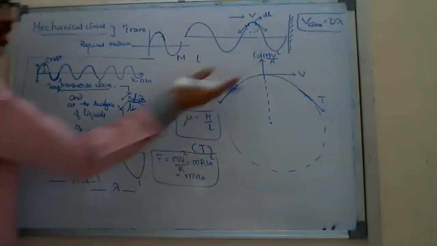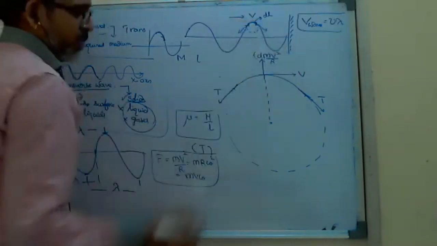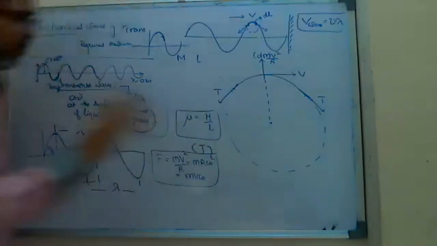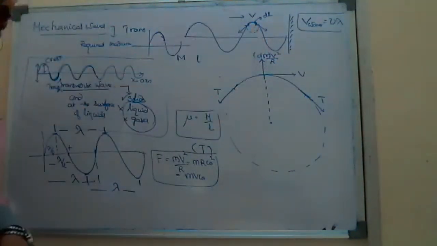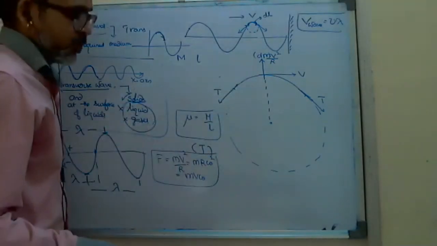Then the centrifugal force on this small part is dm into v square by r. Here it is a part of a circle, which means we have to prove that the centrifugal force must be balanced by centripetal force. Centripetal means towards the center we have to show some force.